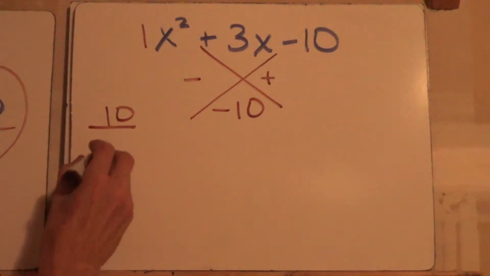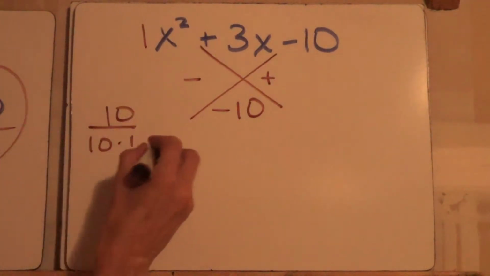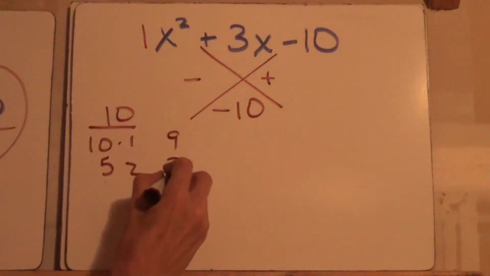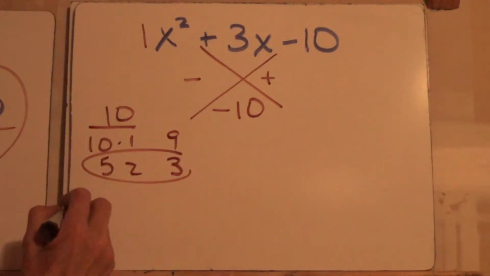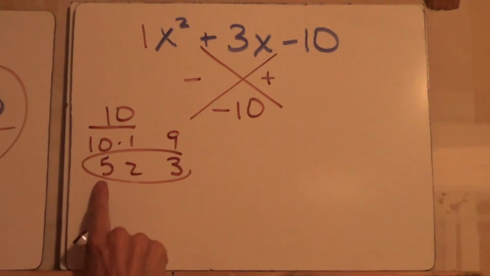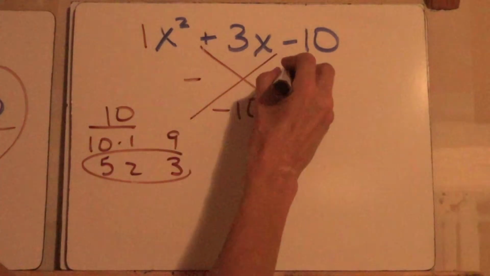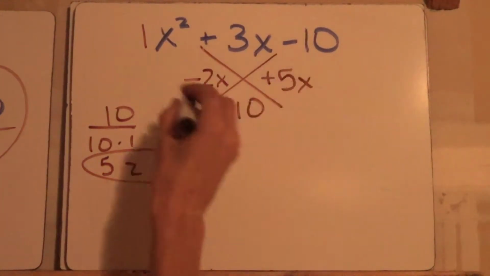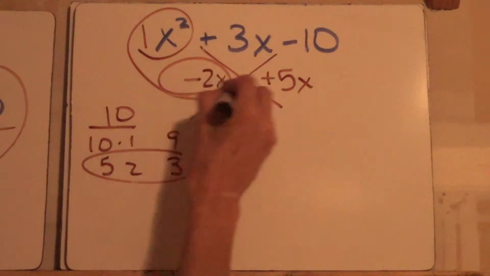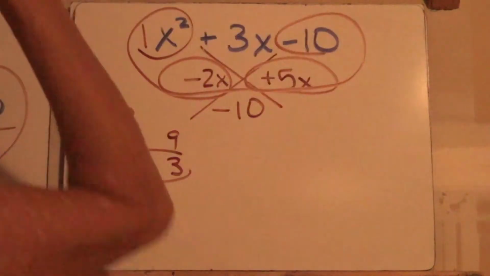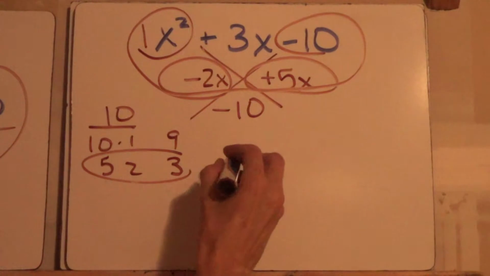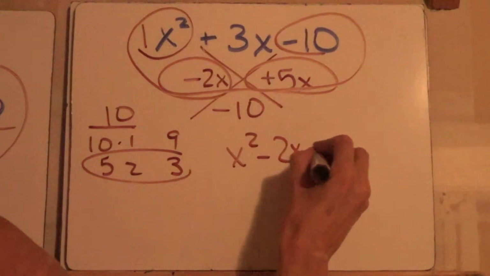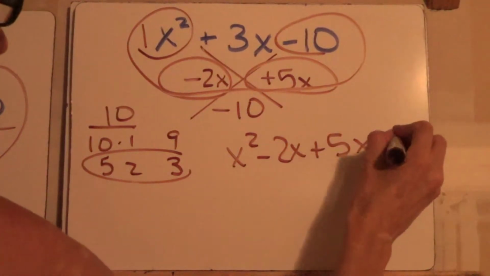So we think of our factors of 10. 10 and 1, those subtract to be 9. 5 and 2, those subtract to be 3. So there's our factors. Now the one that's farther from 0 matches that sign. So it would be 5, negative 2, bring down our x, old man glasses, and now we have x squared minus 2x plus 5x minus 10.